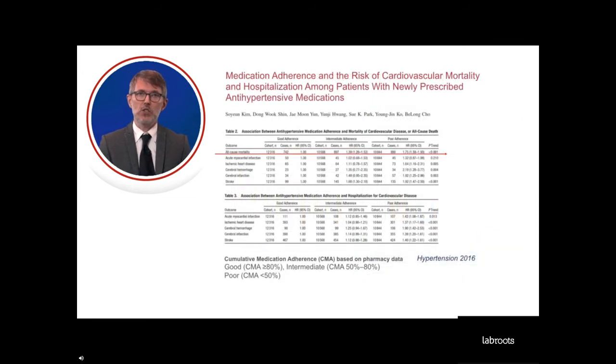Non-adherence is associated with an increased rate of mortality and cardio- and cerebrovascular events, so it's a very important task to be improved in our patients.